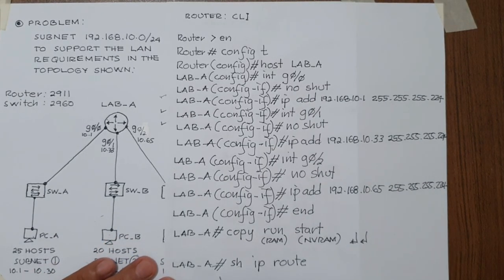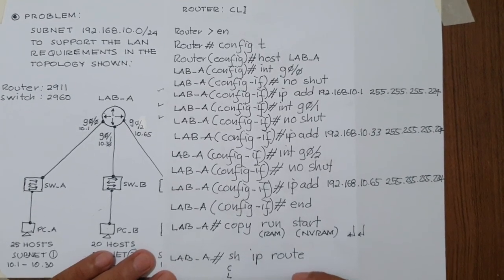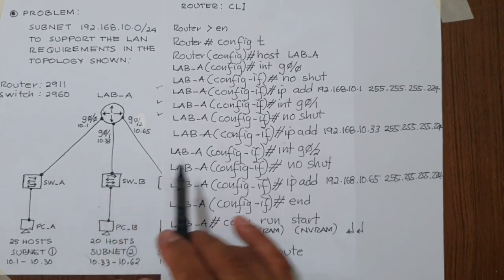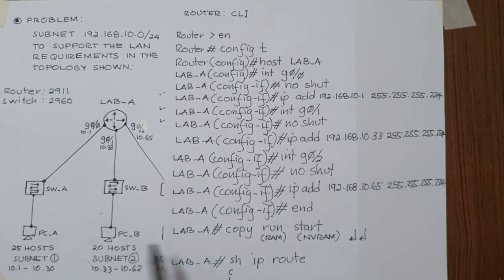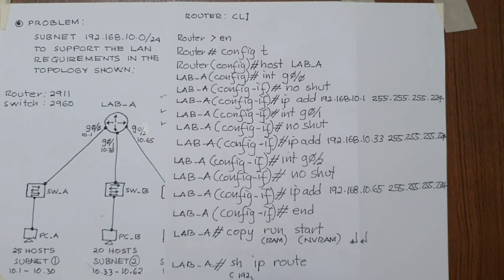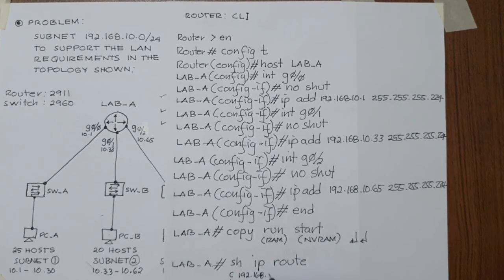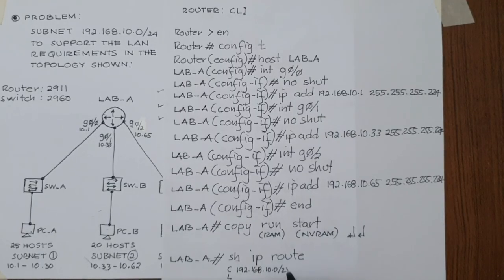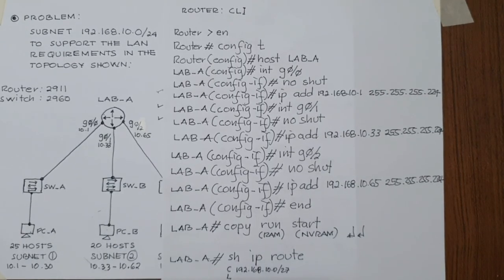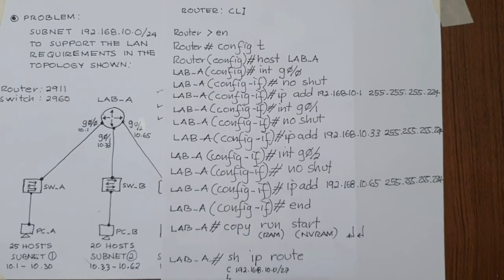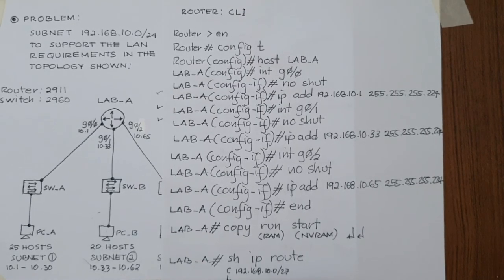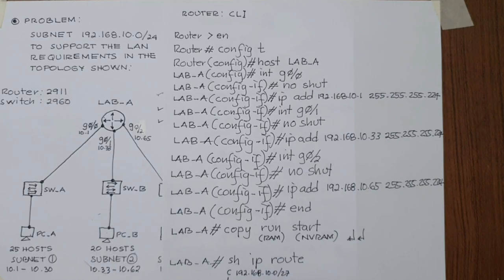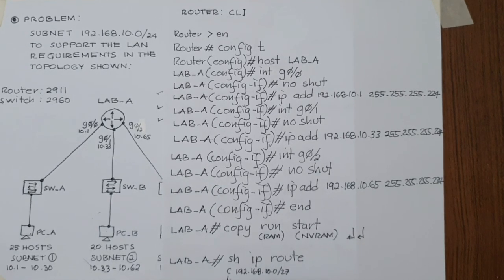So you must see there 3 C and 3 L's if you issue this command. The 3 connected networks, which are the 3 subnets, are 192.168.10.0/27. The next connected network will be 10.32/27. The third will be 10.64.